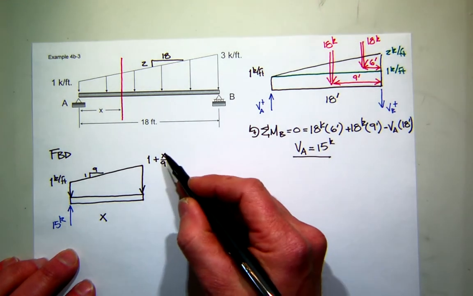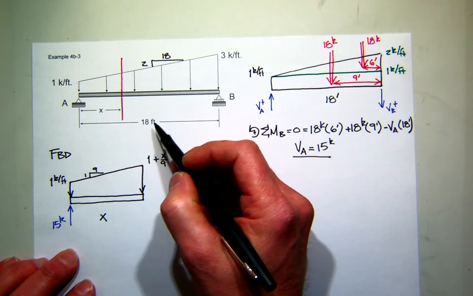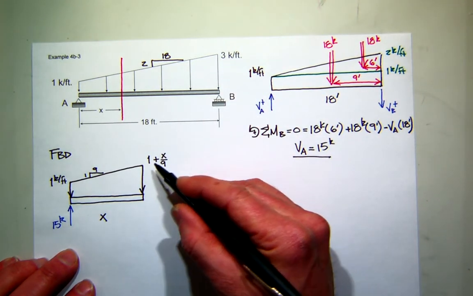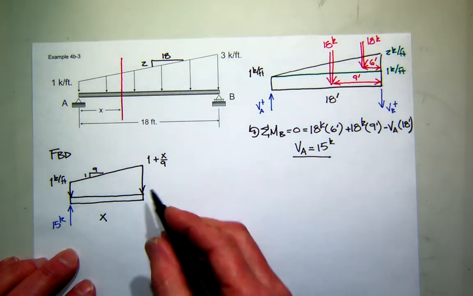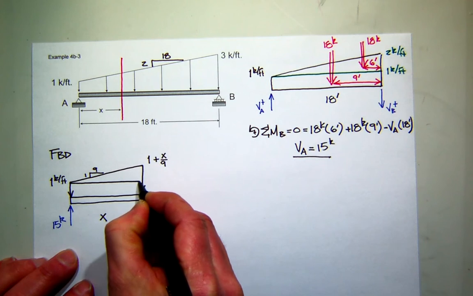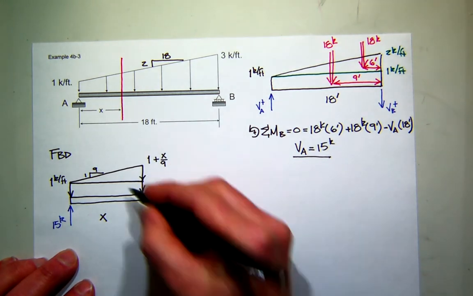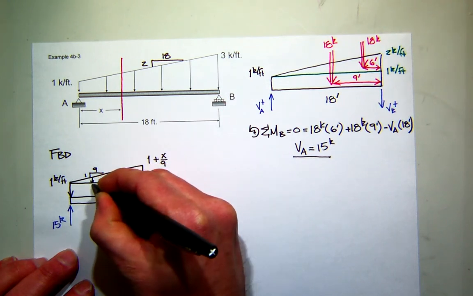Now you can check that. When x is 0, what do you get? 1. That matches. When x is 18, you should get 3. And you get 18 over 9 is 2, plus 1, 3. So it checks. I'm going to go ahead and indicate that I'm going to break this up into a rectangular force and a triangular force.